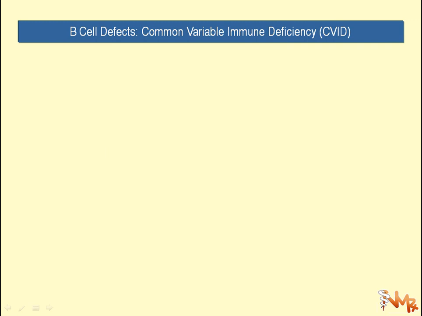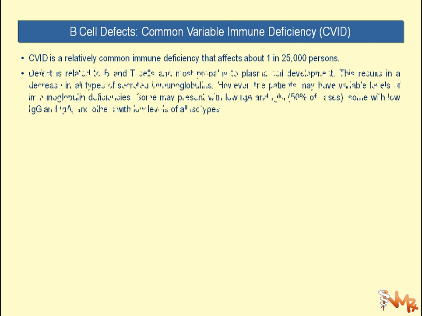Let's look at the next B-cell defect, which is known as common variable immune deficiency, CVID. CVID is a relatively common immune deficiency and affects 1 in 25,000 persons. The defect is related to B and T cells and most probably related to plasma cell development.